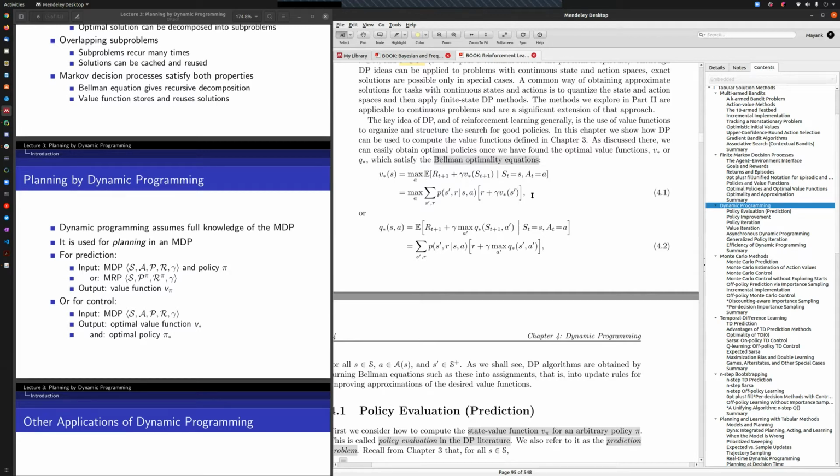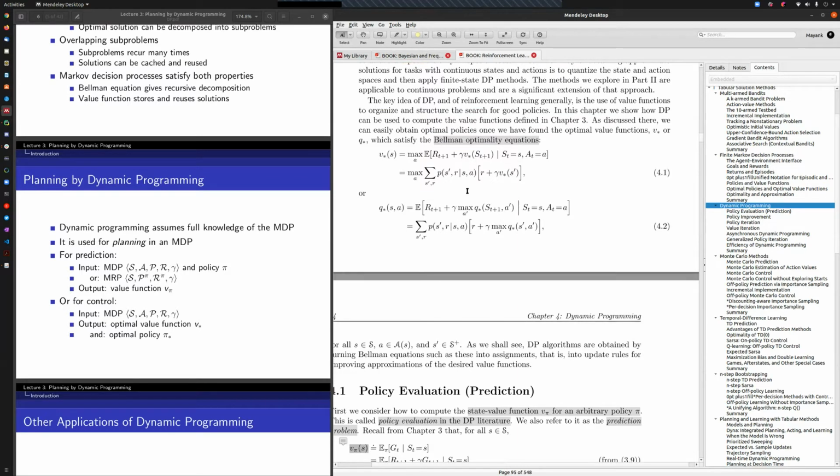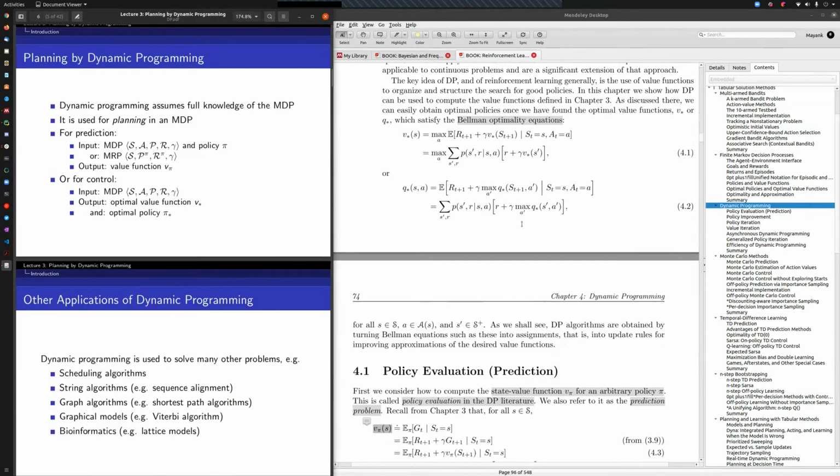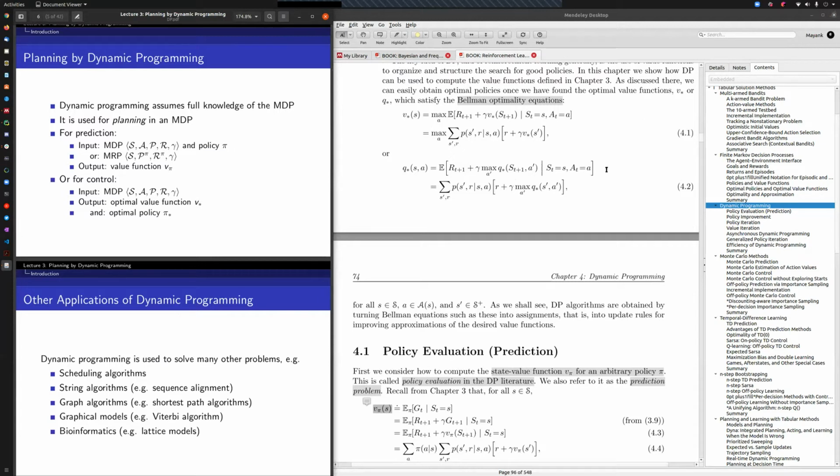Equations 4.1 and 4.2 are the ones that we looked at. And we will apply our DP algorithms by turning them into one of our assignments. And the two kinds of formulations are what we will look at. So this is what this text means.